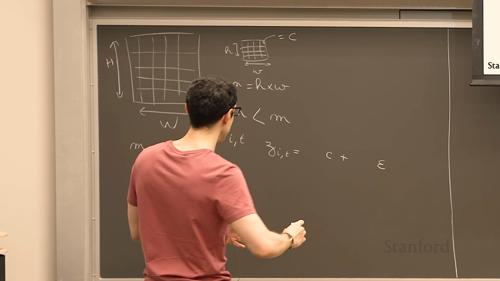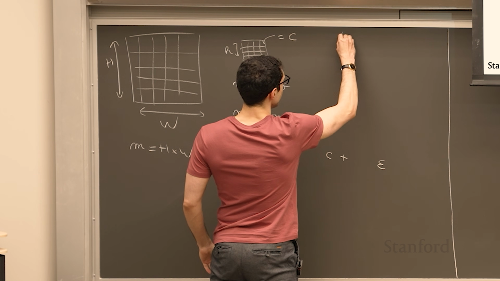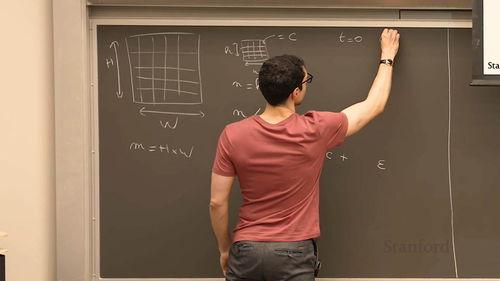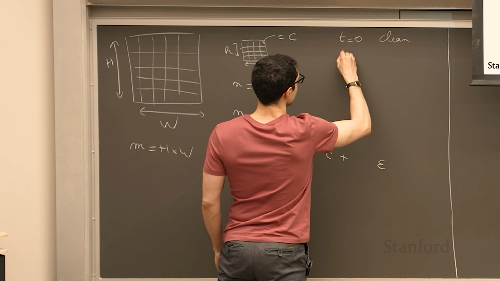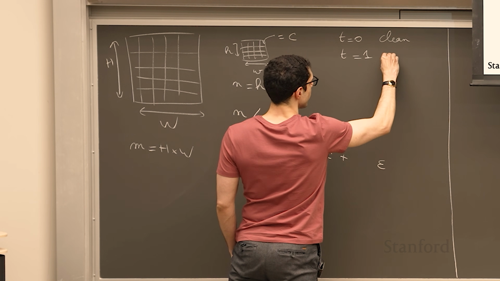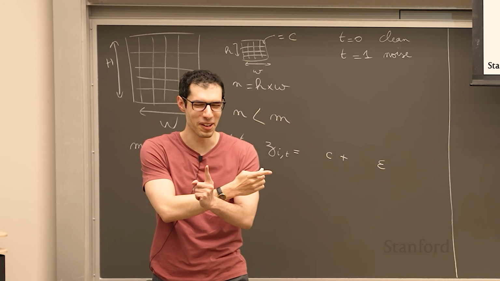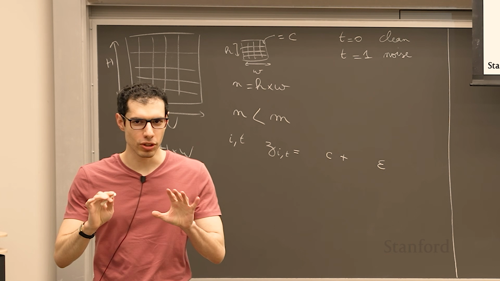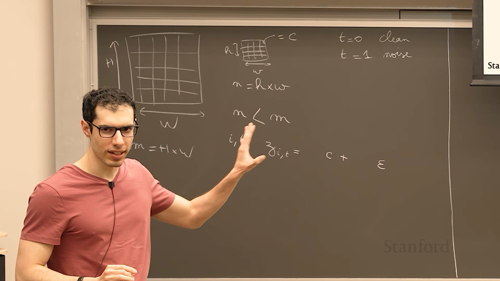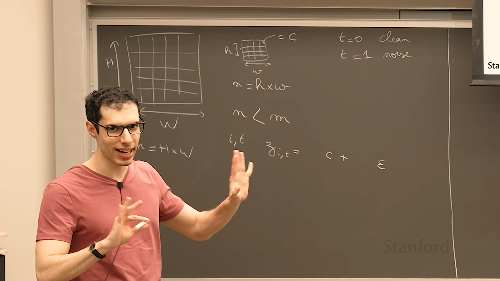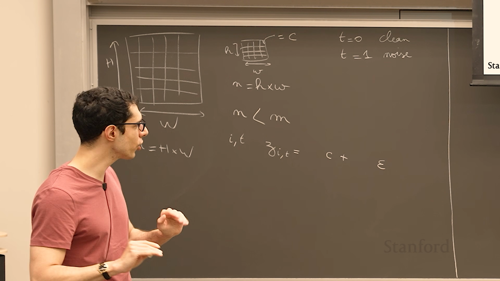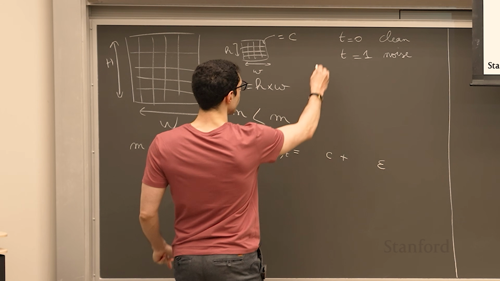In particular, they used t equals 0 means clean, and t equals 1 means noise, which is the opposite of what people usually do. But in order for us to be consistent and end up at the same formula, we will just assume that is the convention that we're going to use.